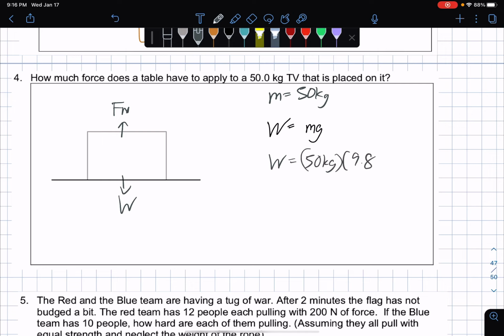Gravitational acceleration is 9.8. So 50 times 9.8, that is 490. So yeah, the force is supposed to be 490.